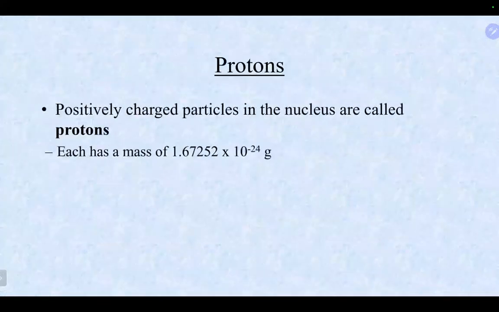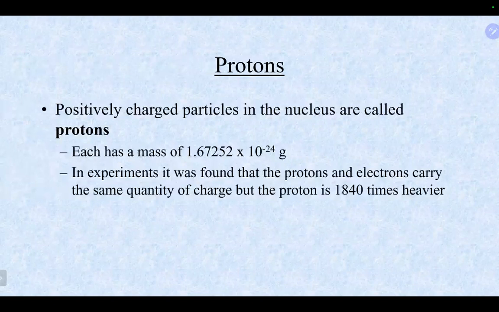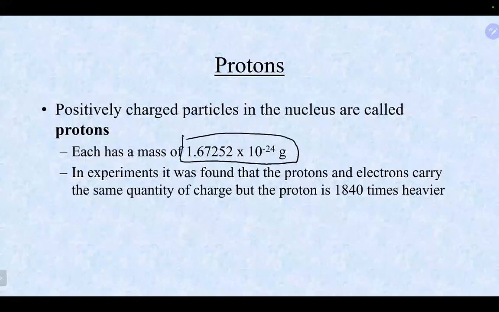Now let's talk a little bit about the protons. Through Rutherford's experiment and such, it was found that the positively charged particle was concentrated in the nucleus. And through experiments, it was found that the mass of a proton is 1.67252 times 10 to the minus 24 grams.